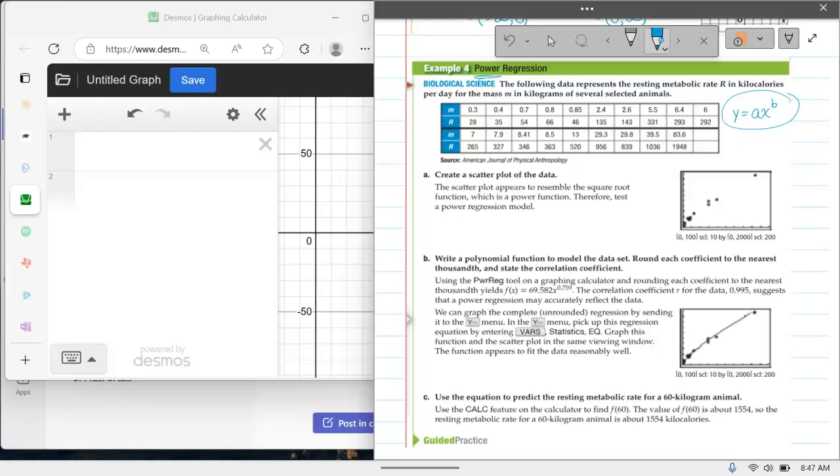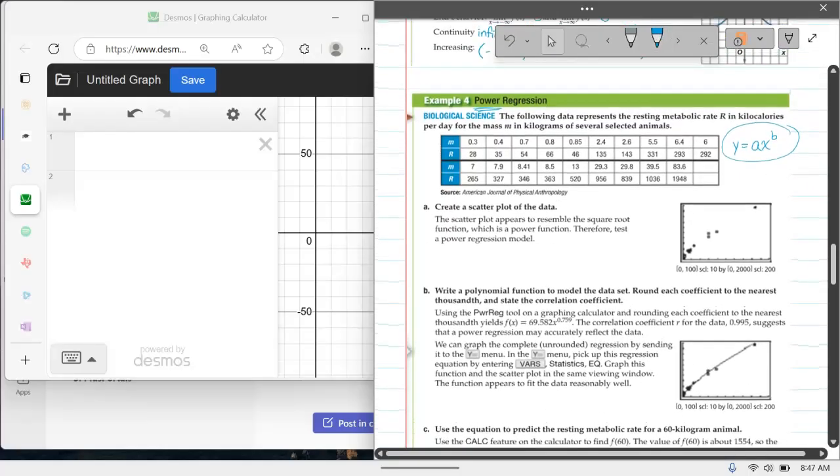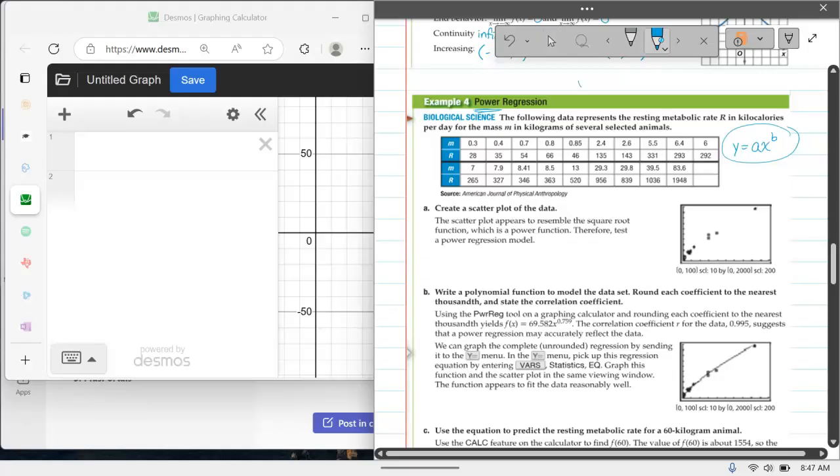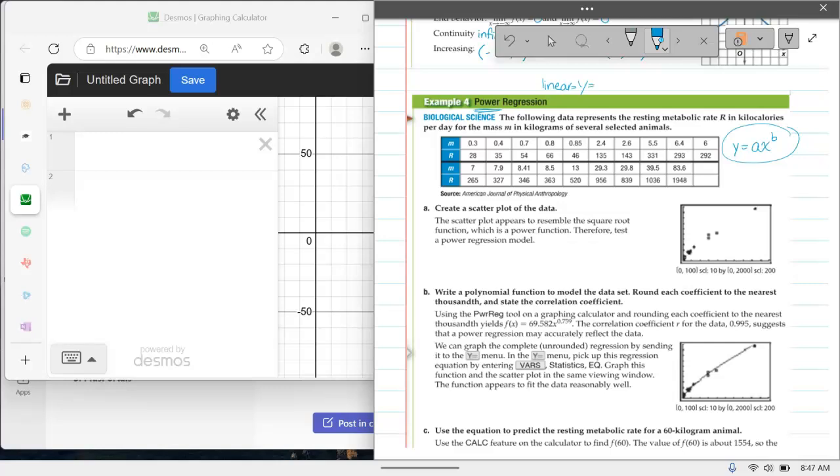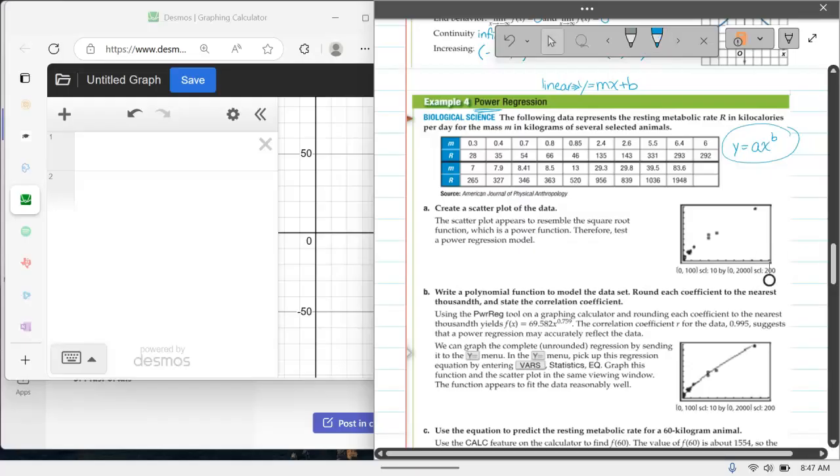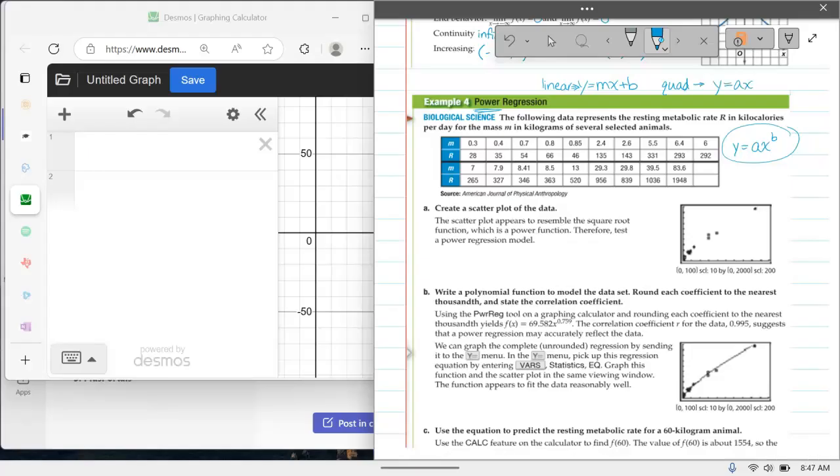So that's a standard power regression. Just like a standard linear regression, I'm going to write that at the top here. Linear would be y equals mx plus b. And a quadratic regression would be y equals ax squared plus bx plus c. These are just generic forms, okay?